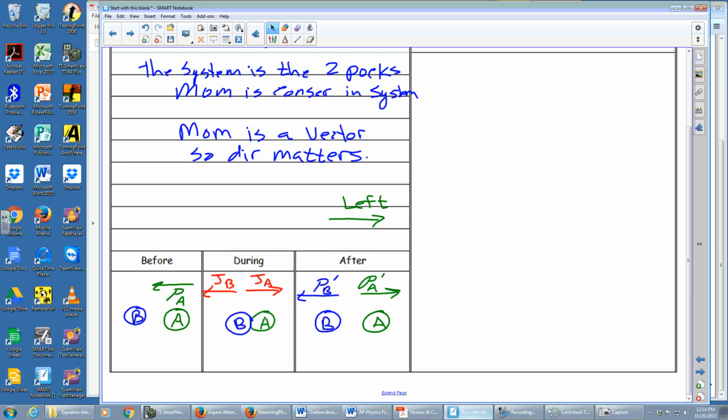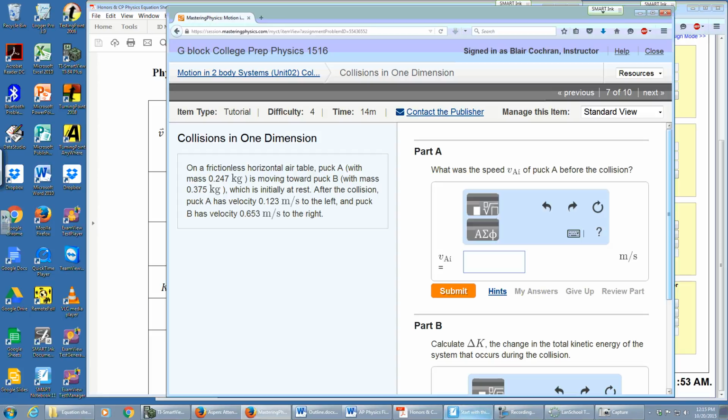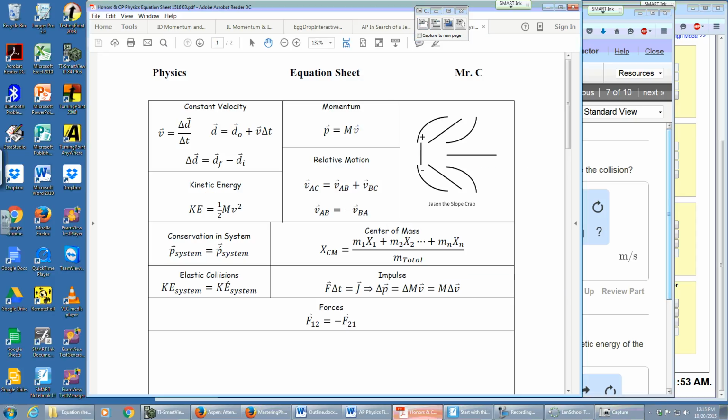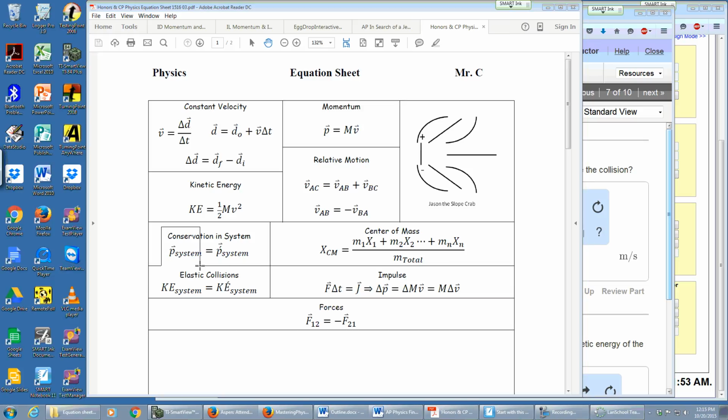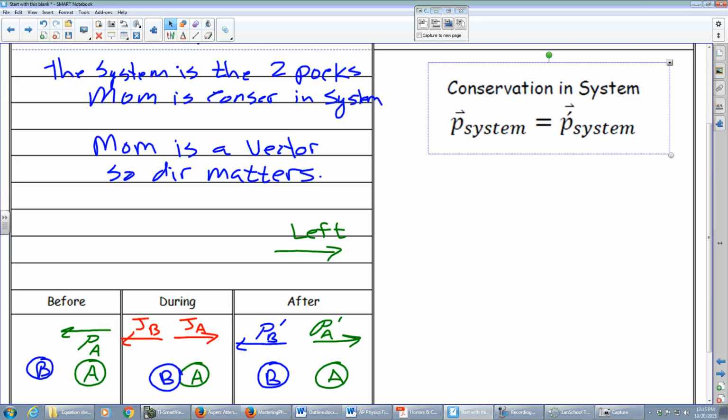So switching over to my how, it's another conservation of momentum problem. So I need to grab my conservation of momentum again. I think I'll skip grabbing the definition of momentum this time.